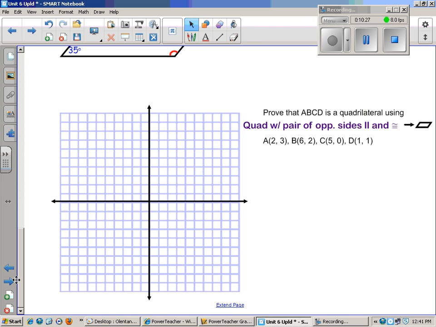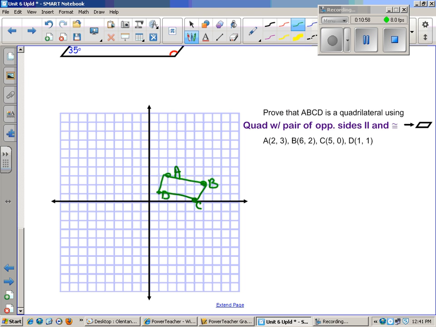So the first thing I'm going to do is graph it. I would sketch this in your notebook so you have it. Here's A, B, C, and D. So here's my parallelogram, or my quadrilateral. I don't know if it's a parallelogram yet.